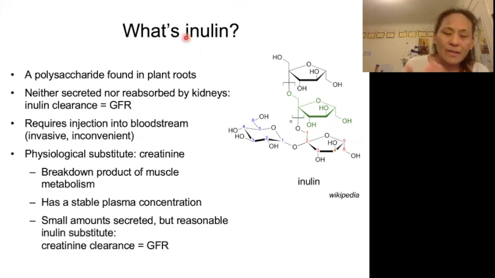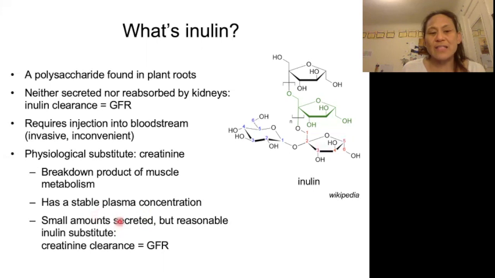Clinically, we tend to use a substitute for inulin. We use this molecule called creatinine. Creatinine is a breakdown product of muscle metabolism, and it has a stable plasma concentration. And for the most part, it's not secreted or reabsorbed.